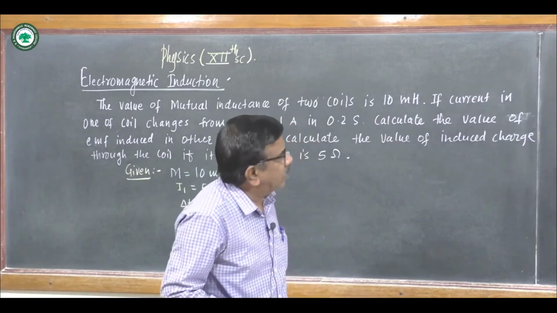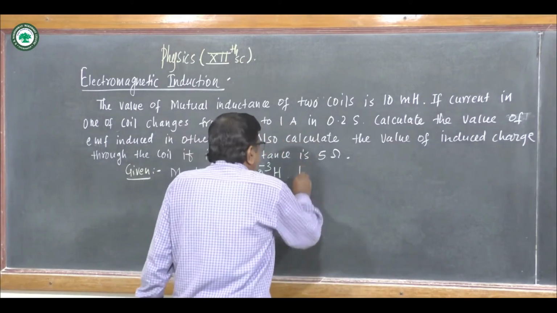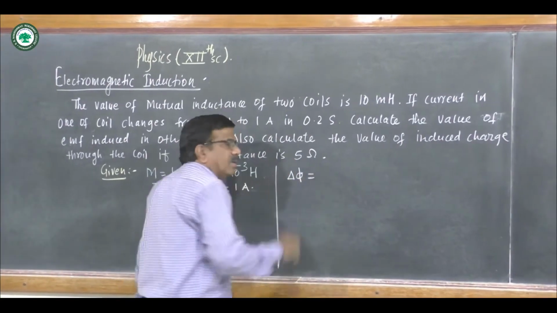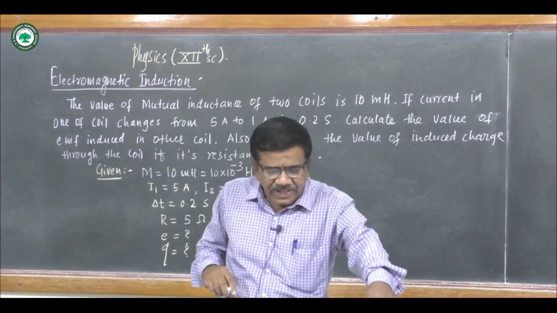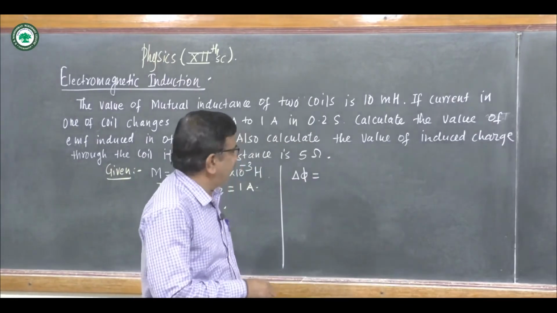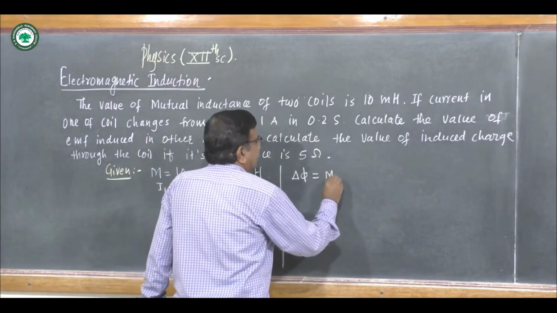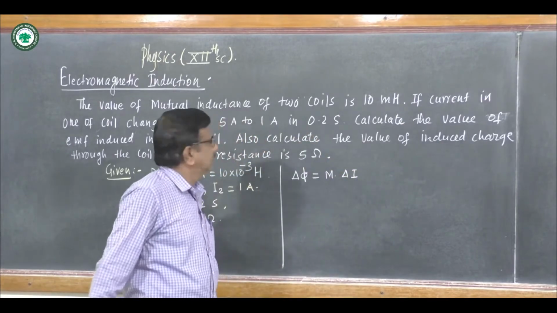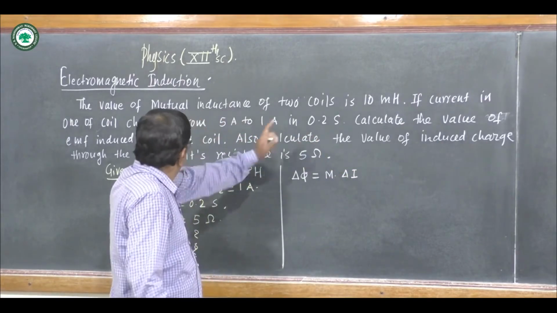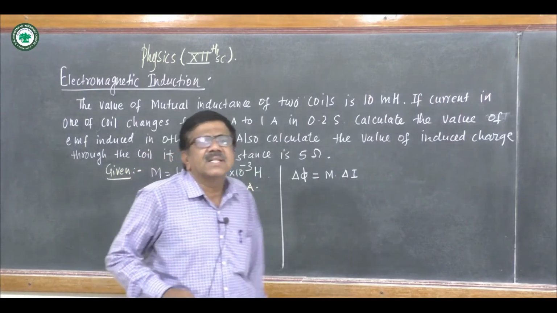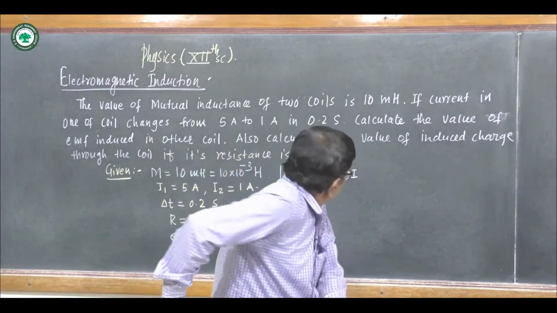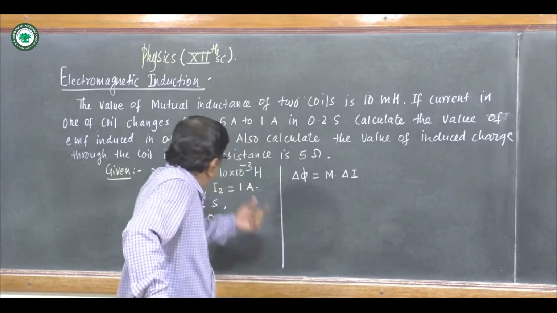Now we know the change in magnetic flux delta phi is M into delta I, mutual inductance into change in the current. Current changes from 5 ampere to 1 ampere. Initial current is 5 ampere, final current is 1 ampere.